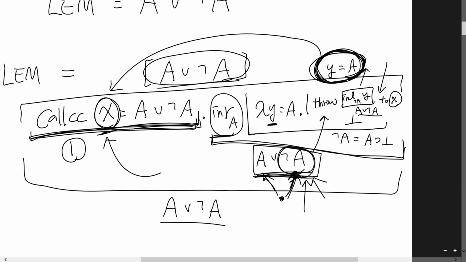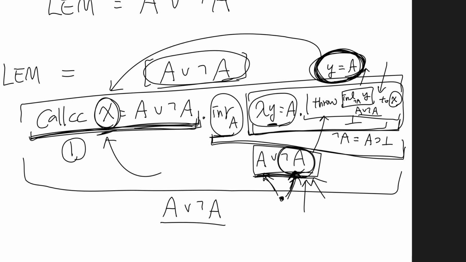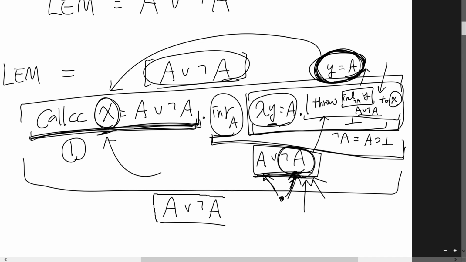So you are going to create A disjunction negation A with the injection right. Now you have to build a value of type negation A here. So you create this lambda, and then you have to find a value of type bottom. And this time, you realize that our ultimate goal is to create the value of A disjunction negation A. Now you have a value y of type A at hand.